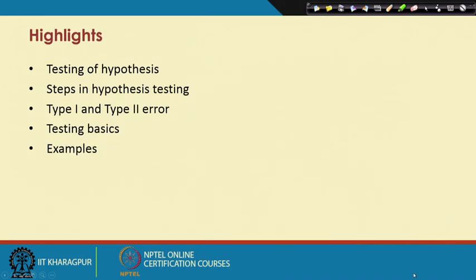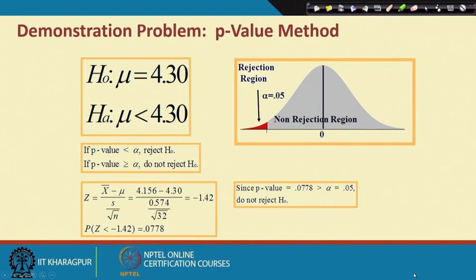In the discussion process which we already covered in the last lecture, the procedure is like this. The starting point is the comment about the population parameters. In this particular case, the null hypothesis is mu equal to 4.30, and the alternative hypothesis is mu less than 4.30.